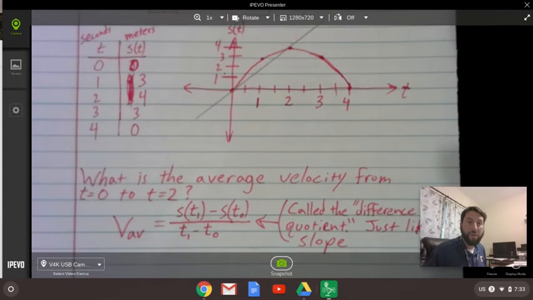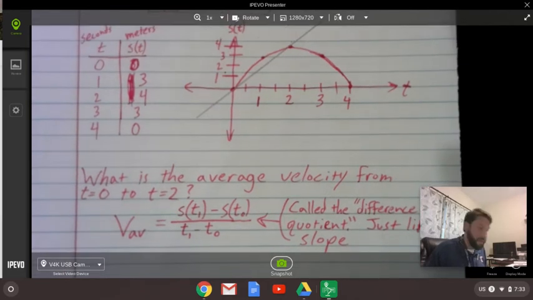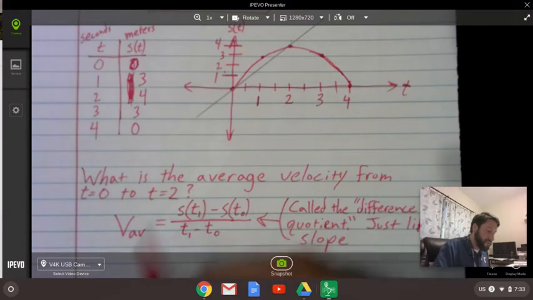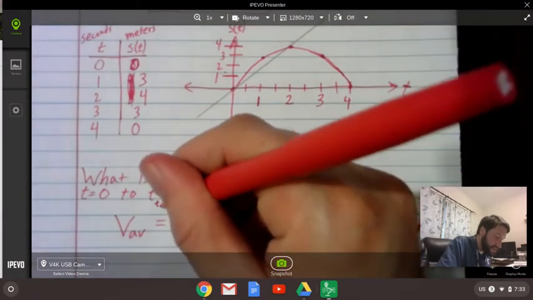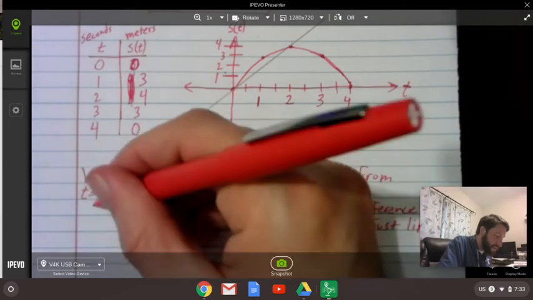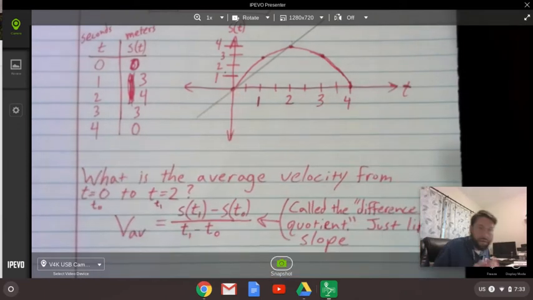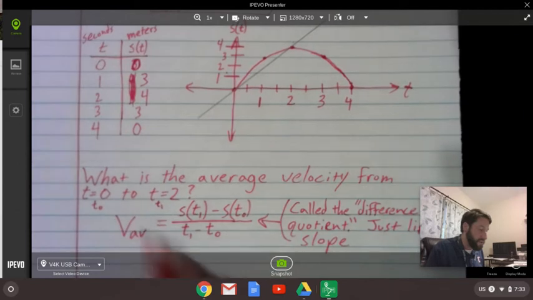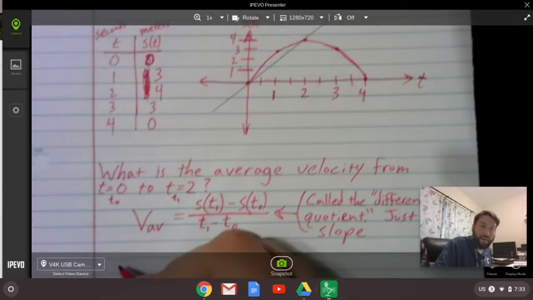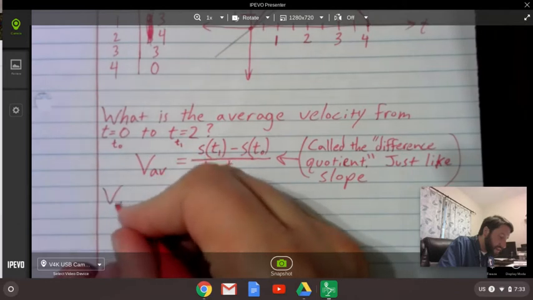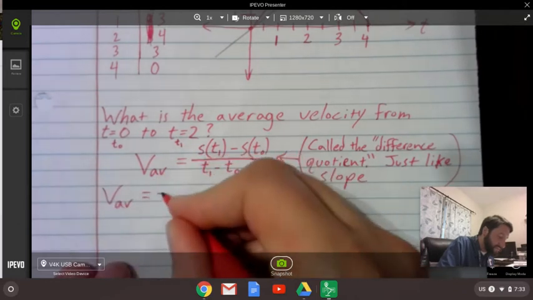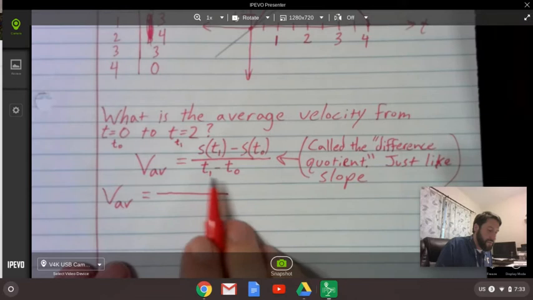So all you got to do is fill in the formula. So t equals 0, t equals 2. Well, we're going to say that t equals 2. This is basically our t sub 1. T equals 0 is just t sub 0. Okay? So we're just going to plug this stuff in. So I'm going to say that the average velocity, let's see, t1 minus t0.